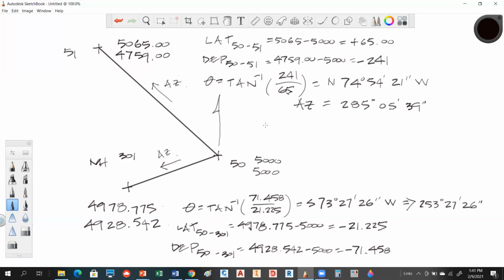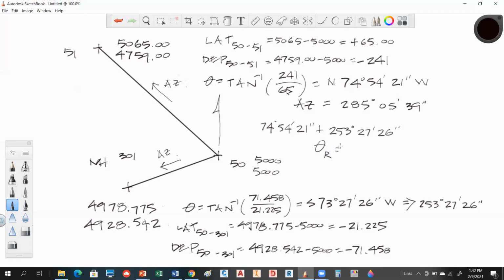So what we're saying is if we recognize we got 74, 54, 21, and we add to that 253, 27, 26, that would be my angle to the right. So let's see what we come up with.